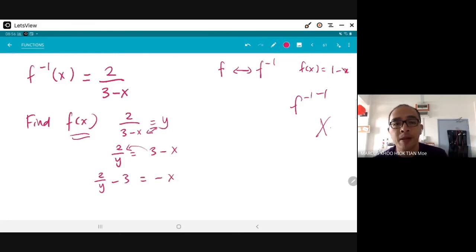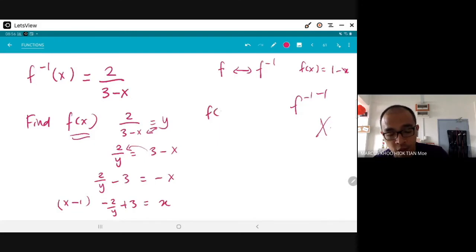I multiply everything by negative 1. So I get negative 2 over y plus 3 equals x. Which means my original function f(x) equals negative 2 over x, I change this y to x, plus 3. Done.